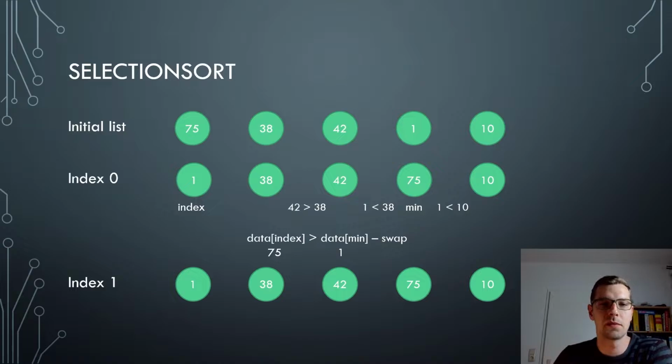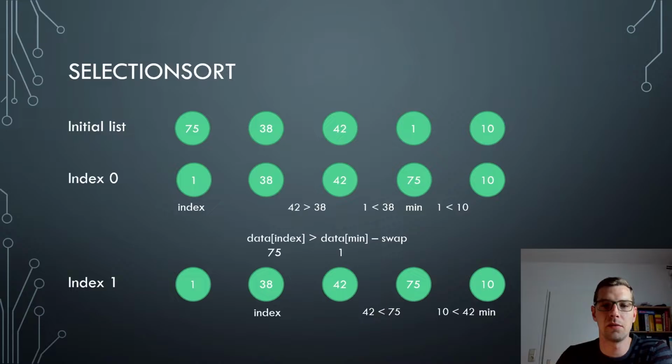So run 2, or here the index at position 1. We set our index to 38 and our minimum to 42. Now we go through 42, 75 and 10 and find the minimum. For that we compare 42 and 75, where 42 is smaller, so we don't set the minimum to 75. Then the same with the 10, but here we set the minimum to the 10.